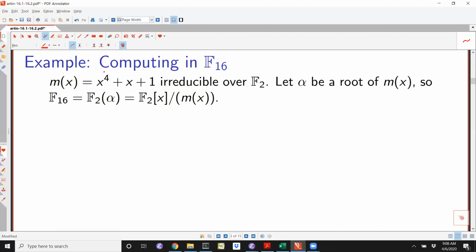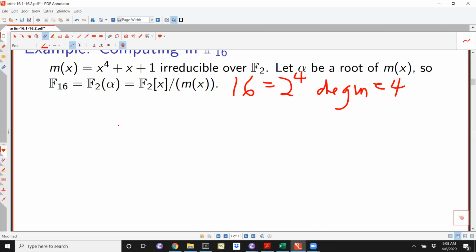The point is that because 16 is equal to 2 to the 4, and m has degree 4, this field must have order 16, and must therefore, by that uniqueness theorem, be isomorphic to the field of order 16.